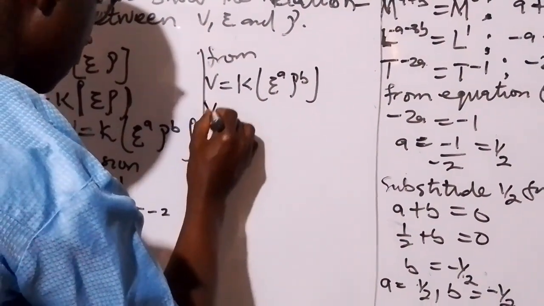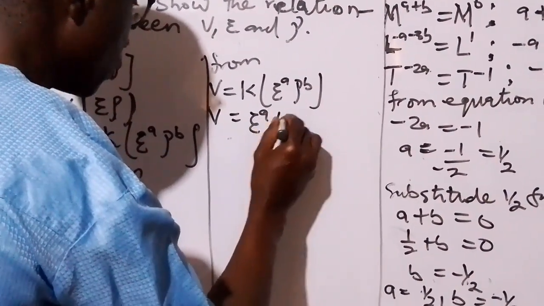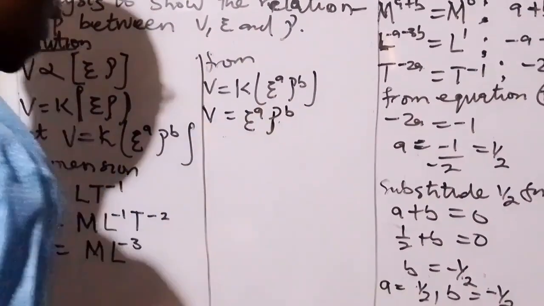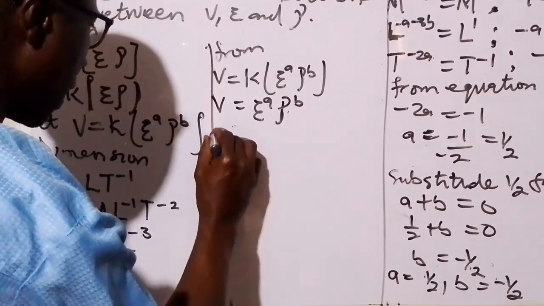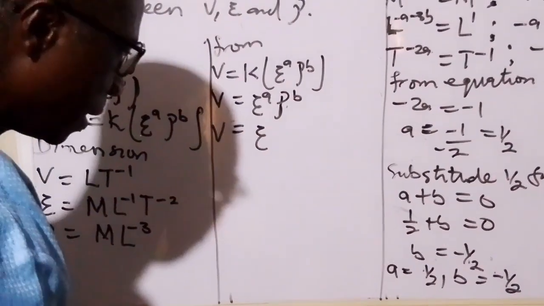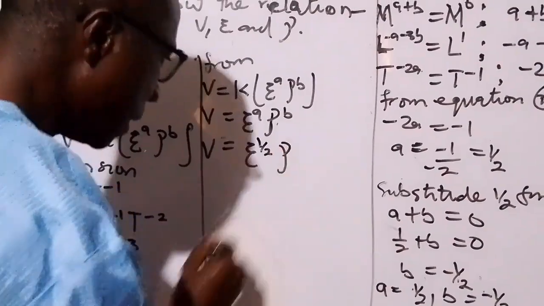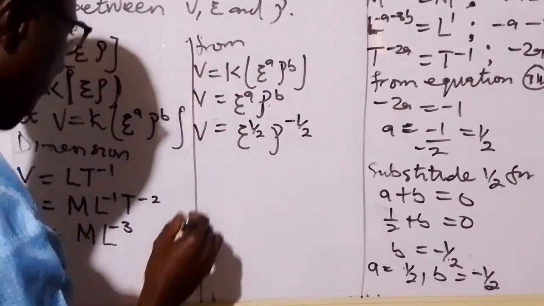So we have V is equal to E raised to power A, P raised to power B. And the values of A and B as we know, let's write the values now. Then we are going to have V is equal to Young modulus raised to power half, density raised to power minus half. Apply law of indices.